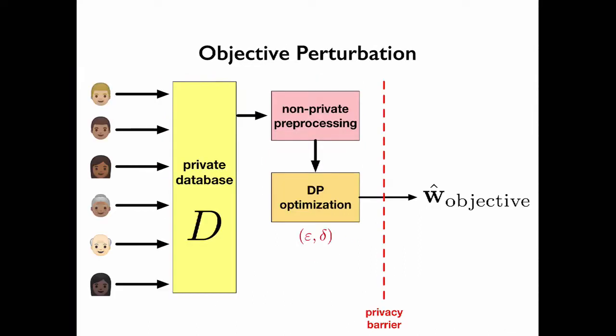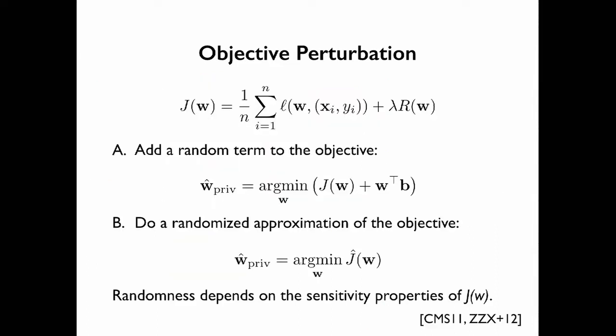And objective perturbation is a little bit more complicated, so let's dig into what I mean by perturbing the objective function. So here's my objective function for ERM. It's the average risk plus this regularizer. And there are kind of two approaches to messing around with this objective function. One is I could add a noisy term to it, that is, add a random term to it.